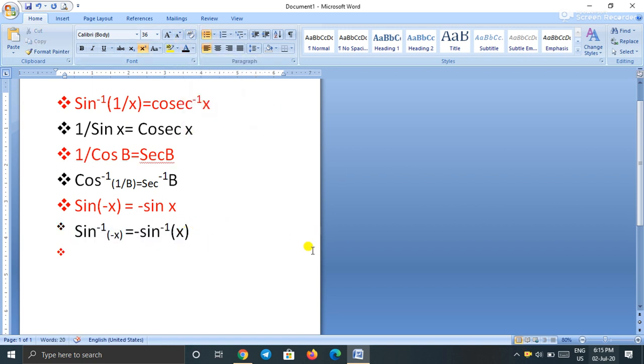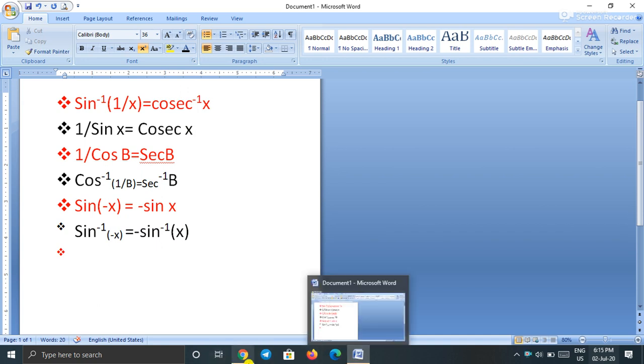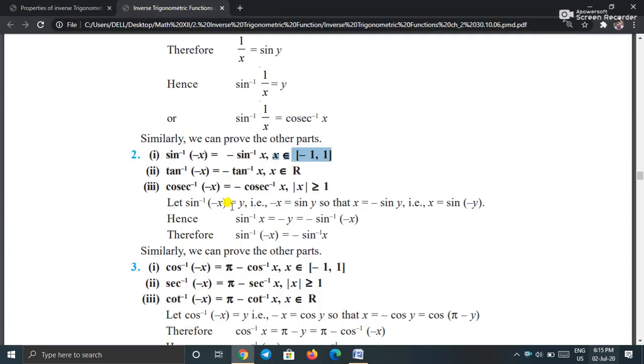Right? Now see the proof of this formula.